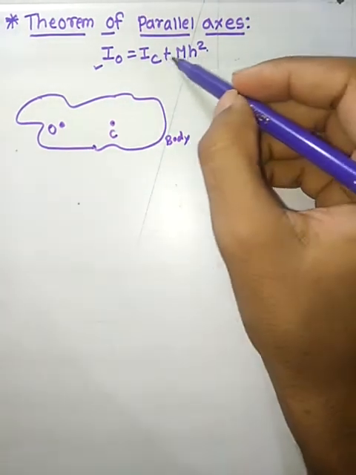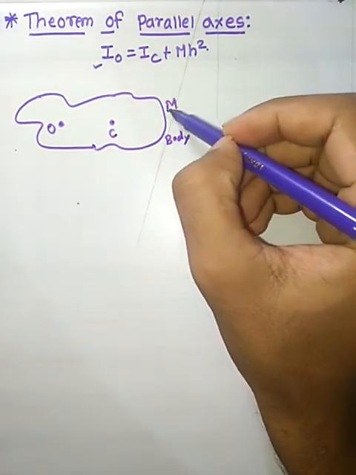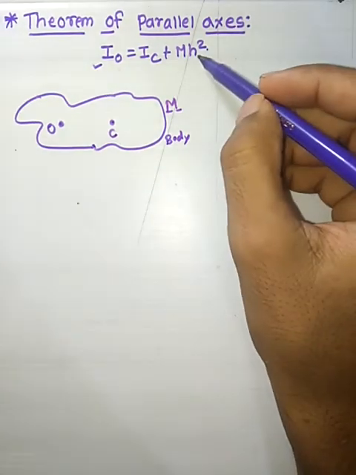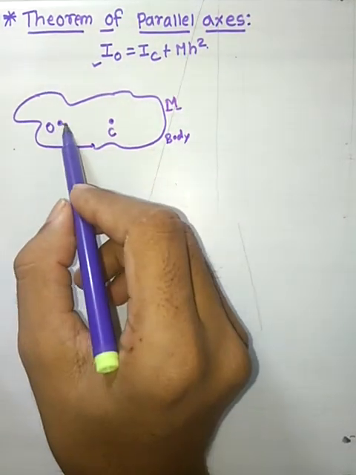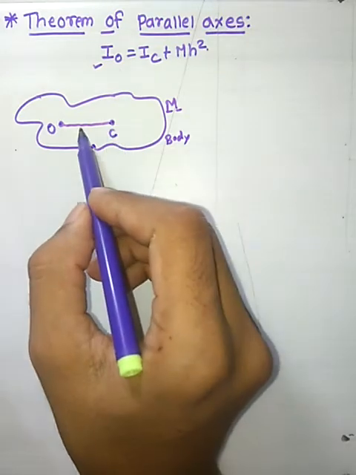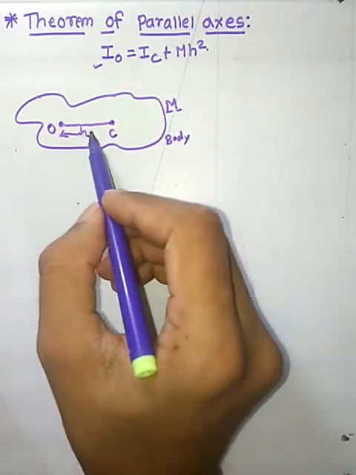Plus, capital M is the mass of that body, and h is the perpendicular distance between points O and C.